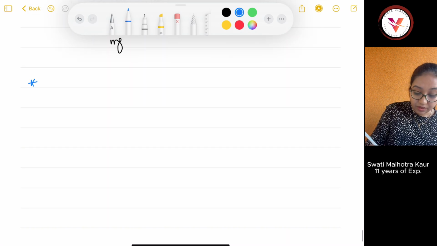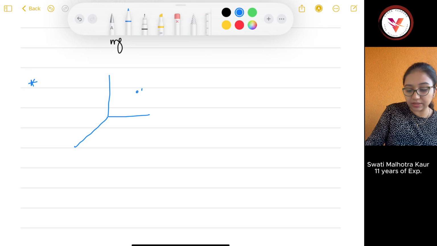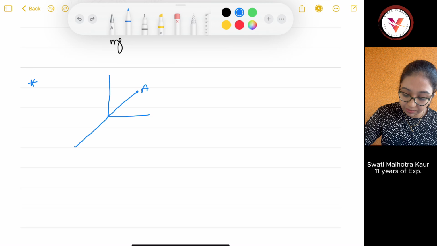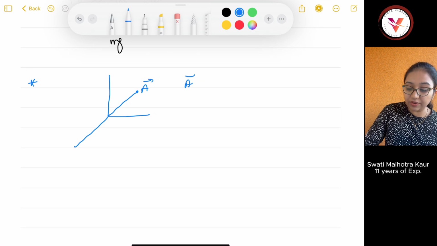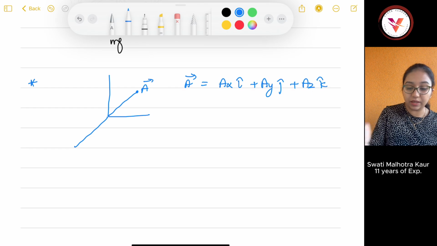Next, when you have to do it in 3D, the components will become x, y, and z. Let's say this A vector is in your 3D plane, then this A vector can be written as ax i cap plus ay j cap plus az k cap.